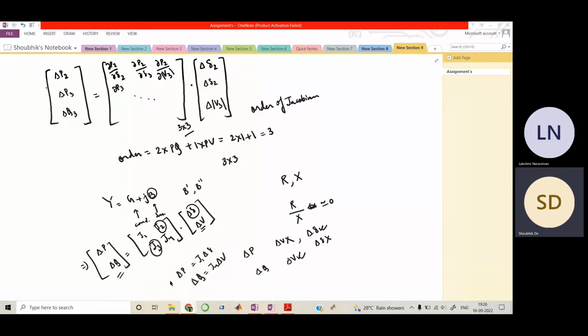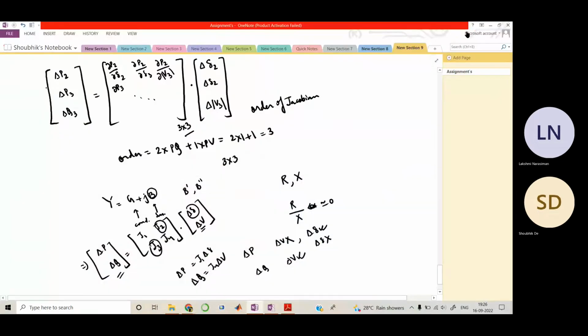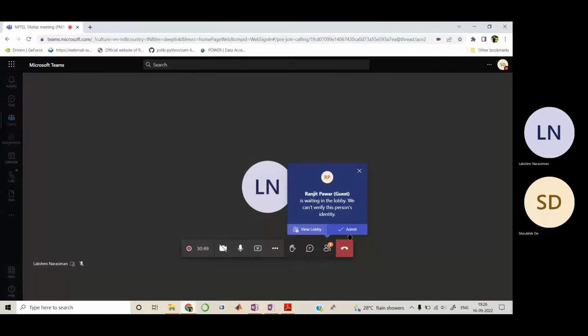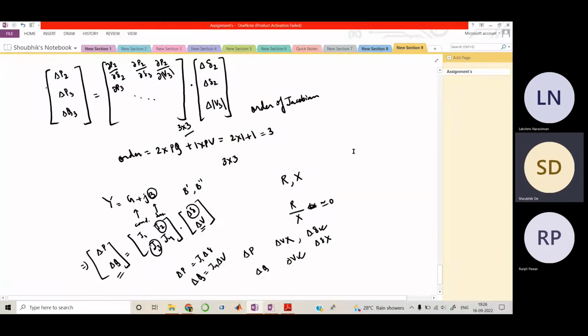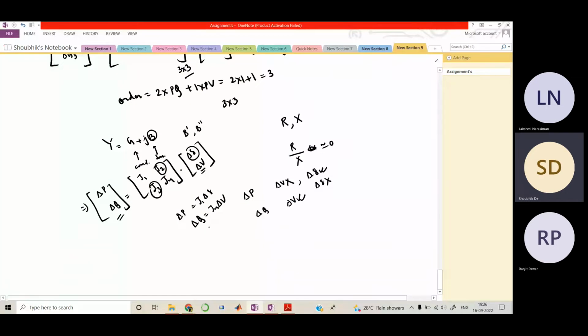Okay, one minute. So you just go through the derivations. You would start with this kind of assumption, and then you would be looking at this kind of matrix.